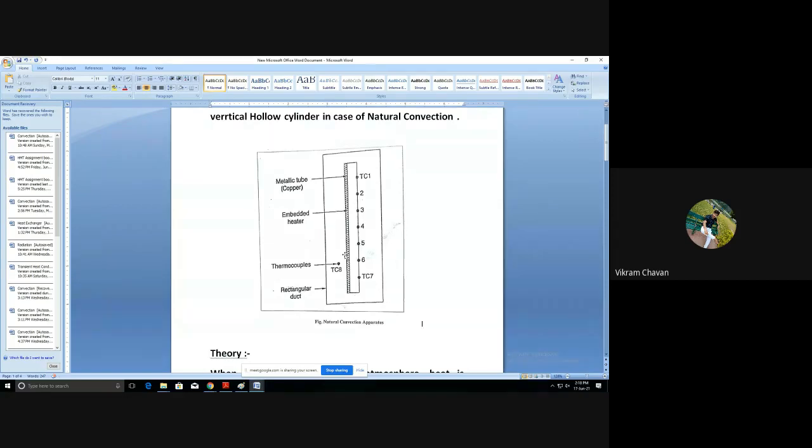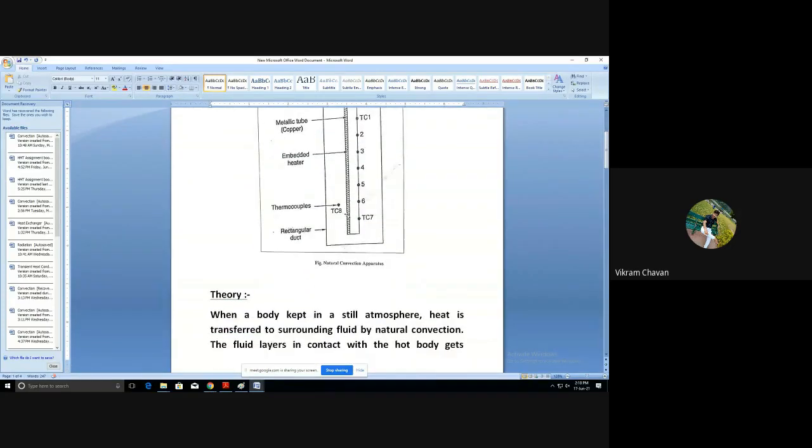When the cold air comes in contact with this hot surface, it will get heated and move in the upward direction, because its temperature will increase, and due to the increase in temperature, the hot air will have low density, and because of that it will move upward. Is everyone getting it? Is there any doubt, any question?